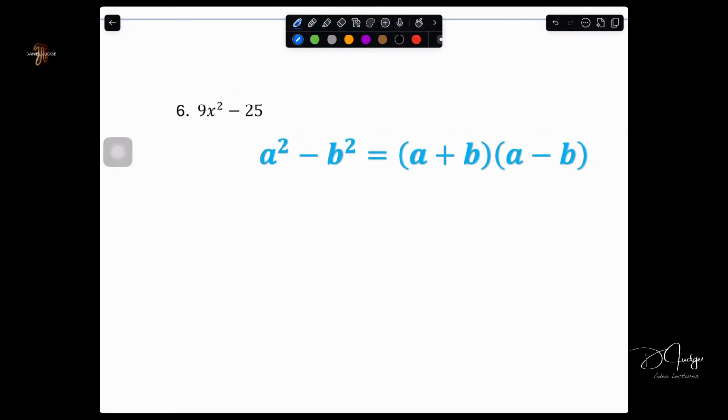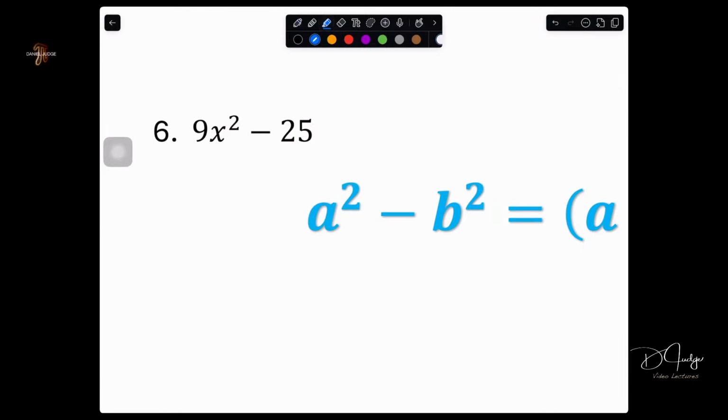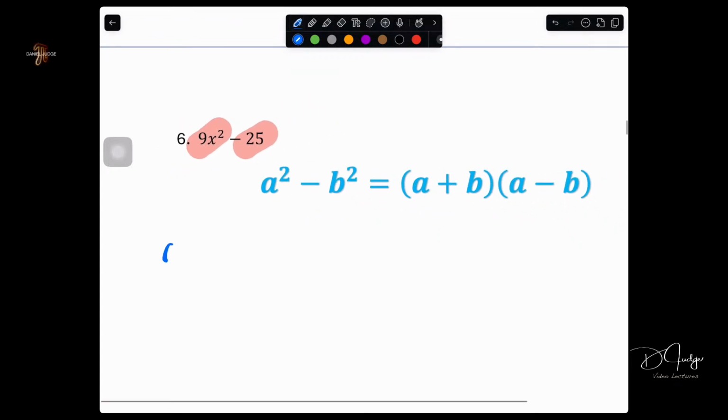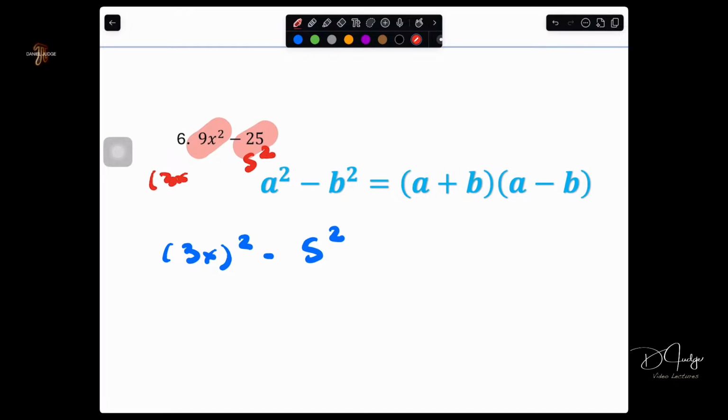Similarly, 9x squared is a perfect square. 25 is a perfect square. So for 9x squared, we can write that as 3x to the second power minus 5 squared. So perfect square here, a perfect square over here.